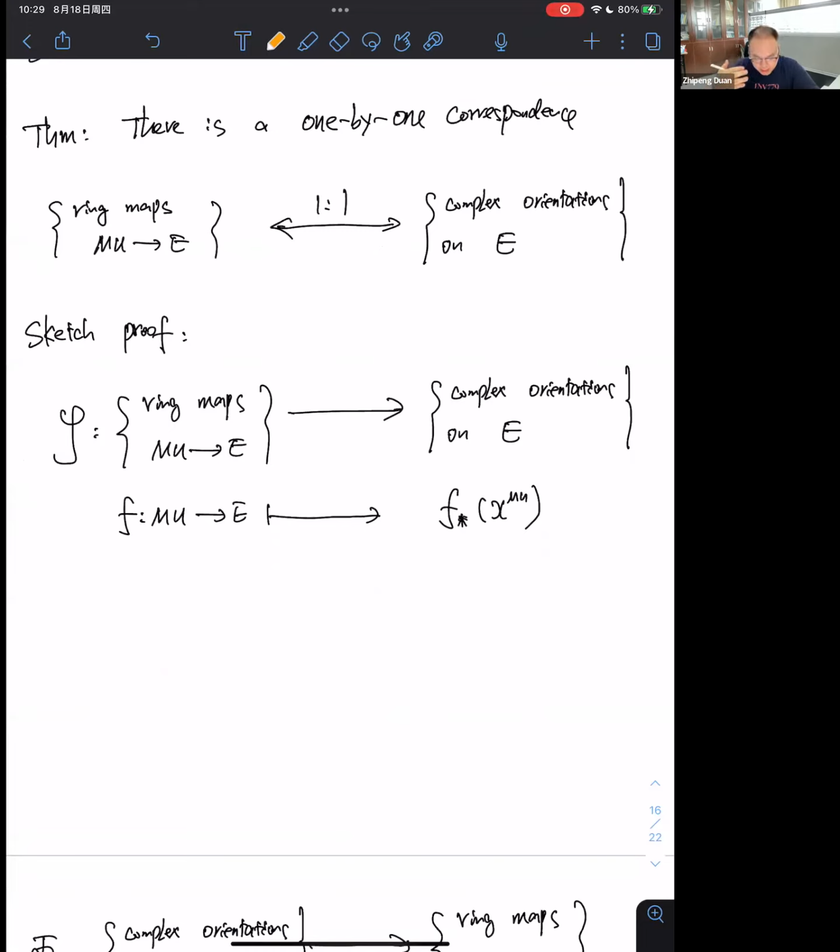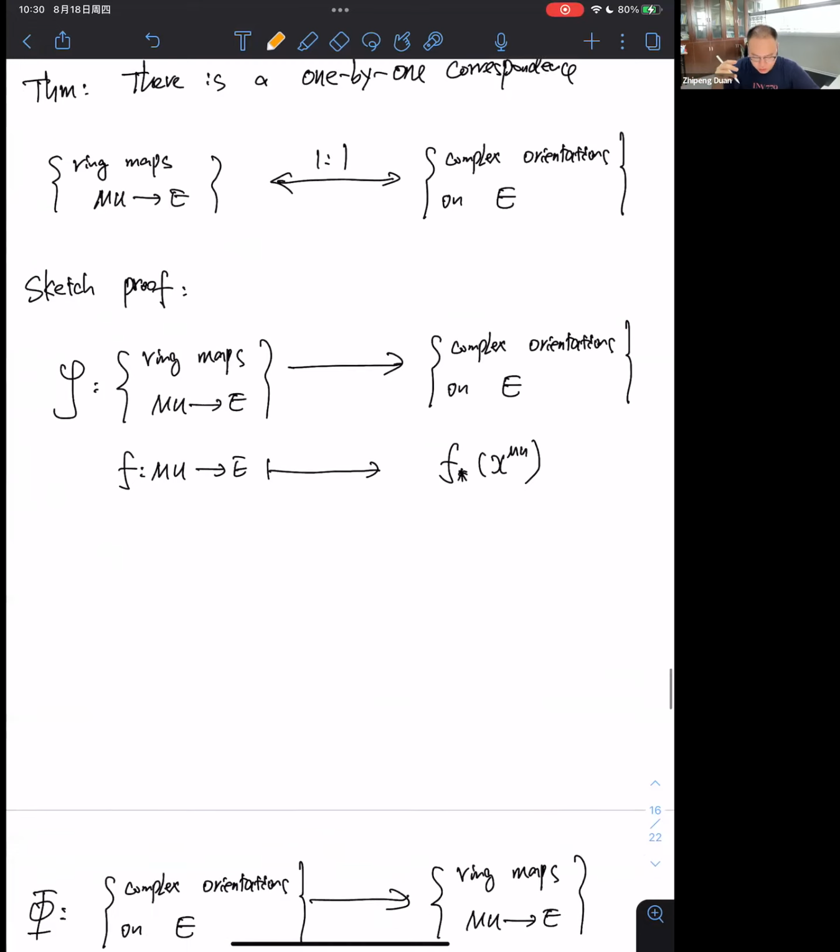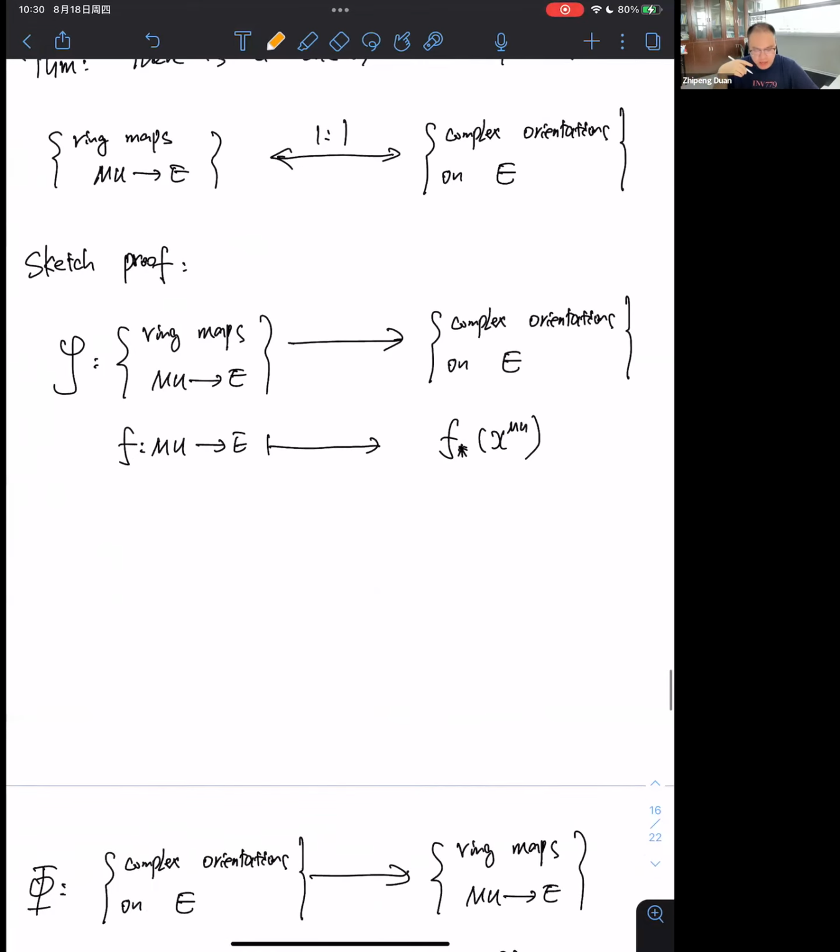We say the set of ring maps from the complex cobordism MU to a ring spectrum E is in one-to-one correspondence to the set of complex orientations on the ring spectrum E. So why is that? I give a sketch proof by trying to construct bijective maps, the two maps in two directions which are inverse to each other.